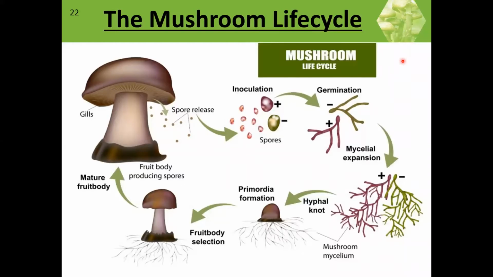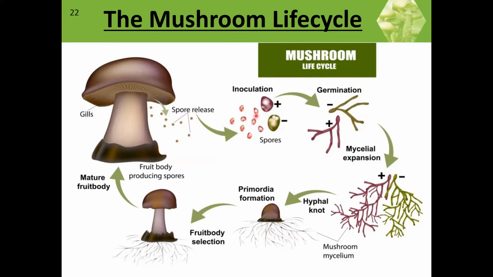So this is the mushroom life cycle. Basically, if you can kind of follow my arrow. Okay, so right here is the germination. Whenever the spores, they are the foundation to all mushrooms, right? So if you know plants, think of these as the seeds of the mushroom world, right?